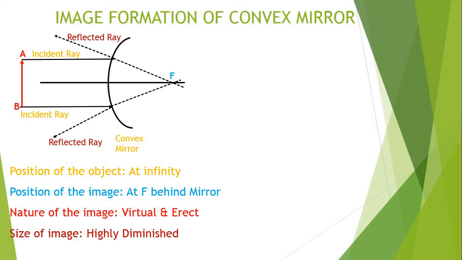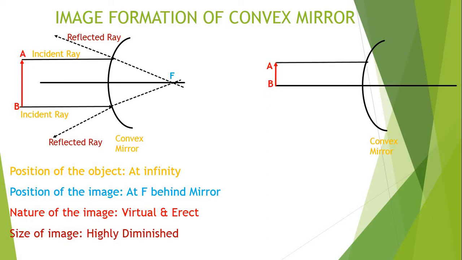Now in the second case, we will understand how the image is formed when the object is between the pole and infinity. So here this one is my object EB. One incident ray coming from the object will strike the surface of the convex mirror. As per the laws of reflection, the ray will be diverged.